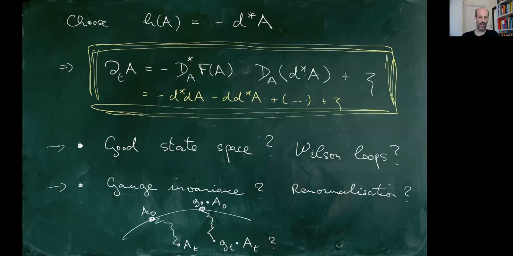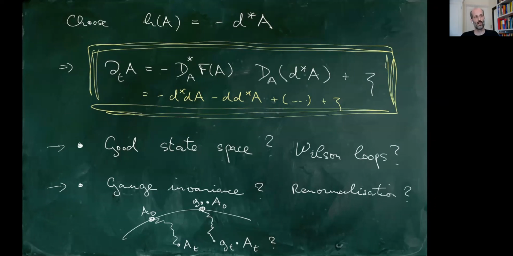In some sense, you can view adding this extra term as some sort of dynamical gauge fixing. That's maybe a good way of interpreting this: a dynamical way of fixing the gauge.